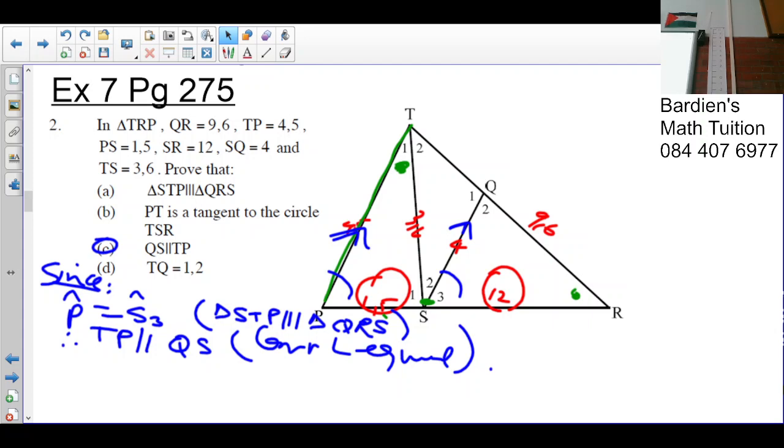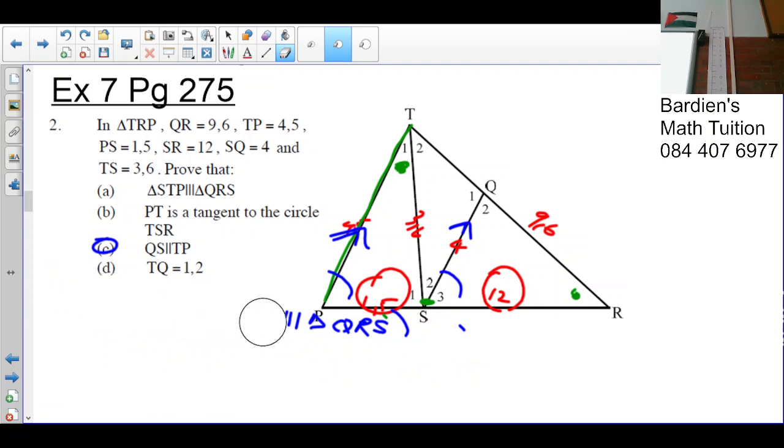And then lastly, the last question, we are required to prove that TQ is 1.2. So where is TQ? There is TQ. Now you see these lines are parallel.